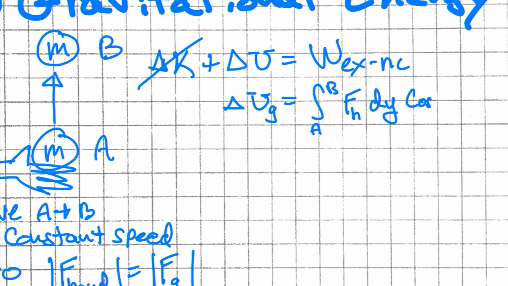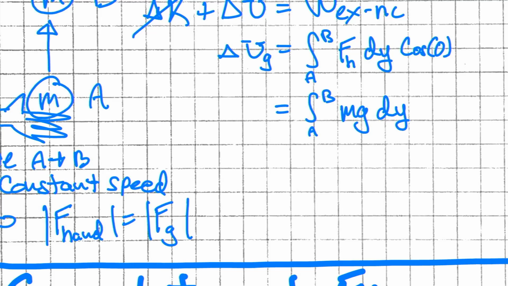And cosine this time is going to be cosine of 0 because we are moving up and the hand is pushing up. The angle between up and up is 0, so that becomes 1. We're left with the integral from A to B. Remember, the force of the hand in magnitude was mg, times dy. The mg is constant, so that comes out. Integral from A to B of dy.